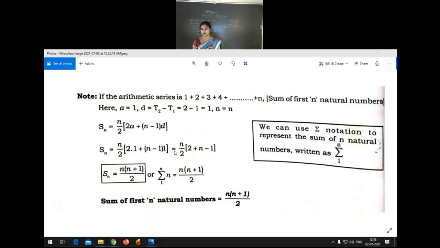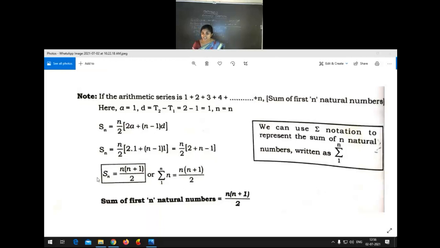That is equal to n by 2 into 2 ones are 2. Then the bracket removing step: n into 1 is n, minus into minus, minus into plus is minus, then 1 into 1 is 1. Next step, 2 minus 1 is 1, no? So in the bracket we got n plus 1.